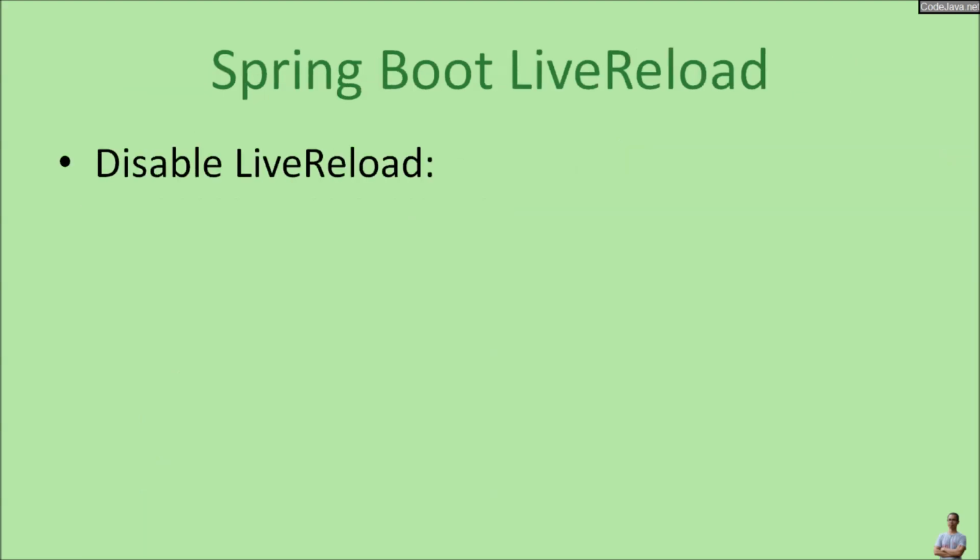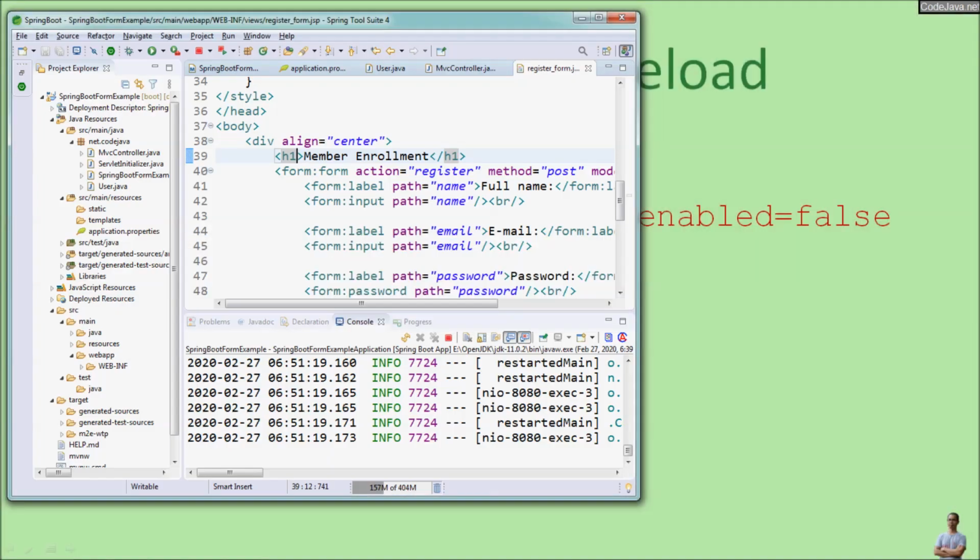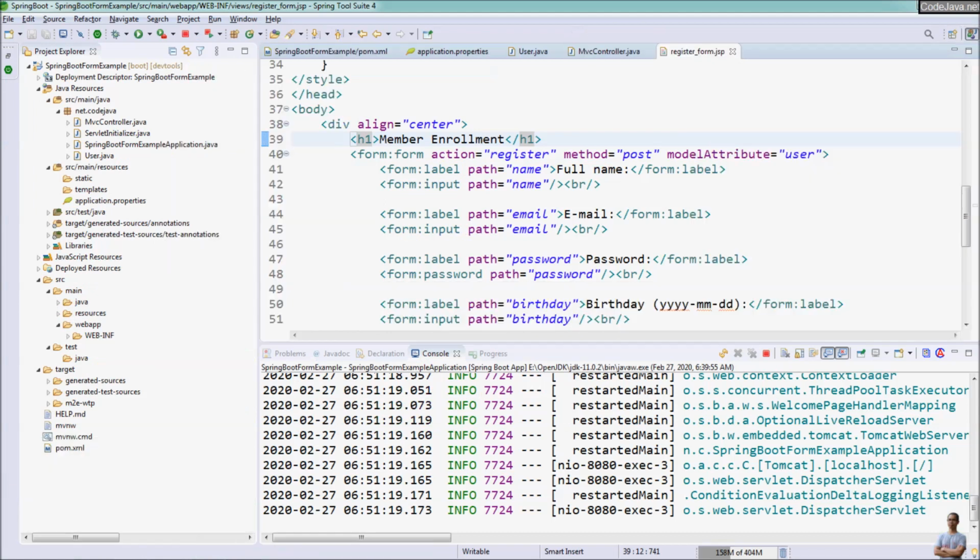And to disable live reload, you can specify this property in the application.properties file: spring.devtools.livereload.enabled equal false, in case you don't want to enable live reload.